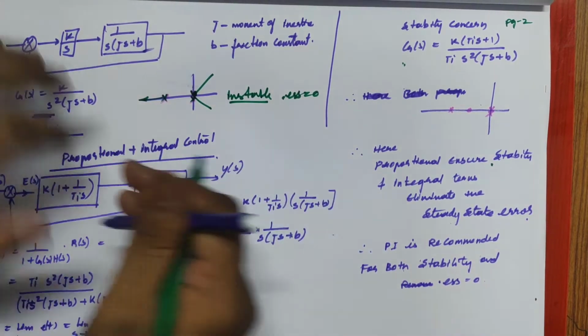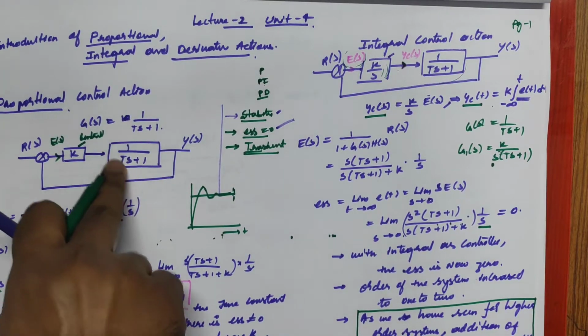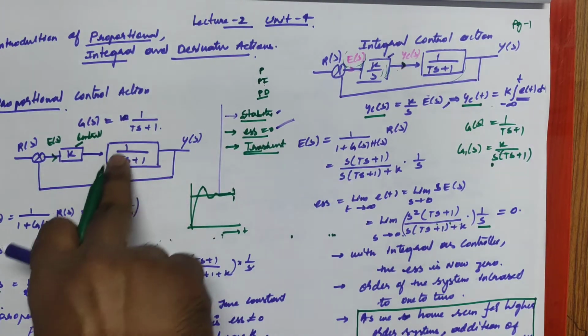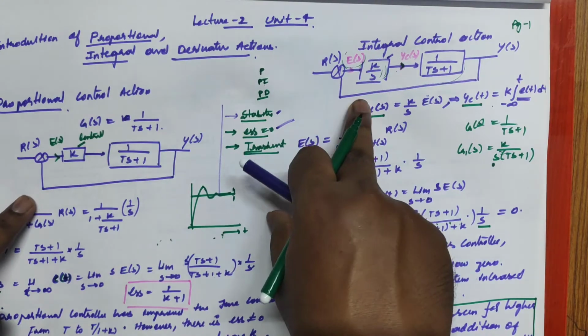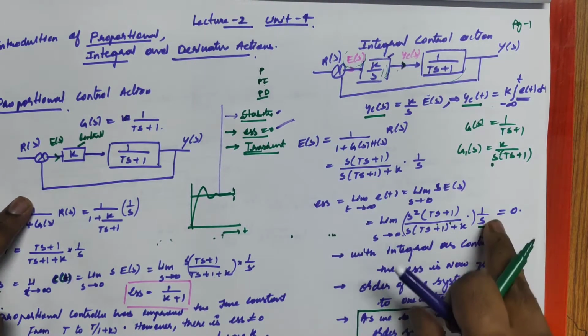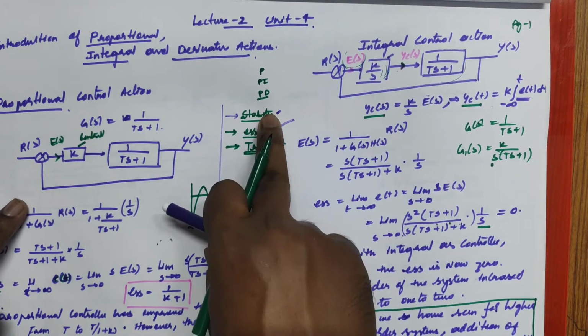Only an integrator does not give stability. Only proportional does not give a steady state error equal to 0. With only an integrator, even though the steady state error is 0, if we increase to higher integrators, we have a problem with stability.